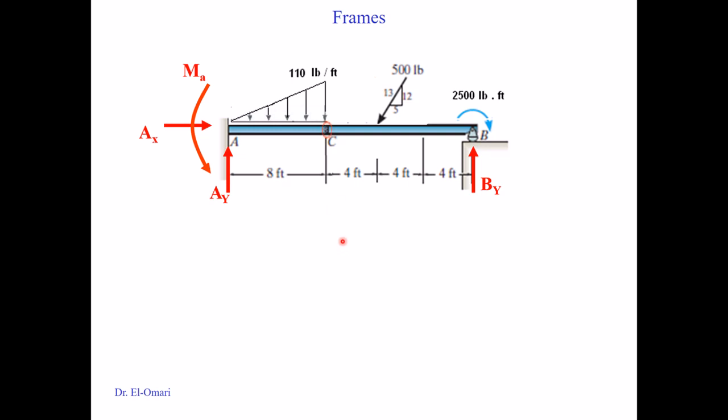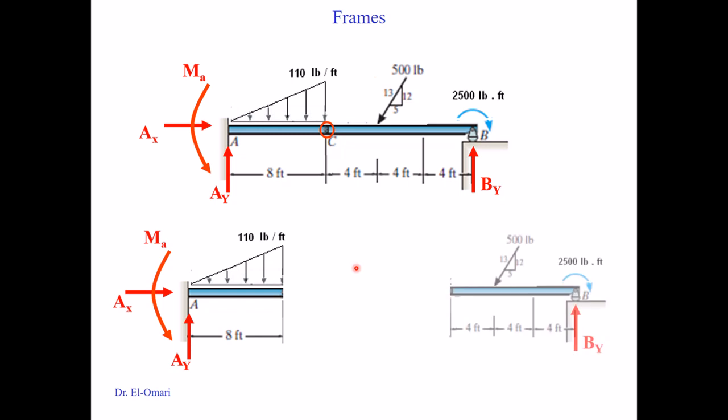At this pin, we should just disconnect the beam and draw it separately. So you have these two parts of the beam disconnected at the pin, and then we also draw the pin supports. The vertical reactions are drawn equal and opposite, and the horizontal equal and opposite in direction.